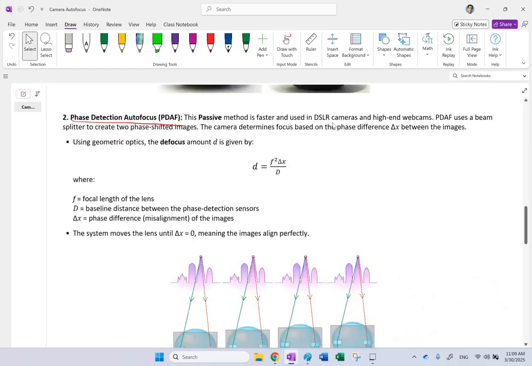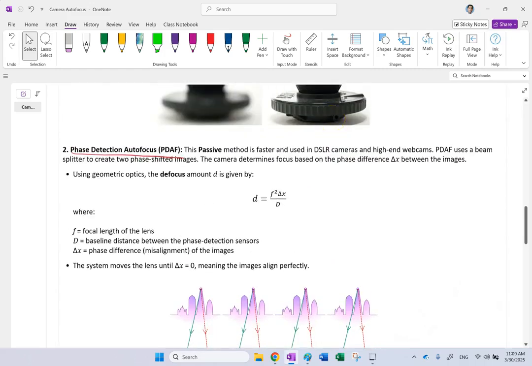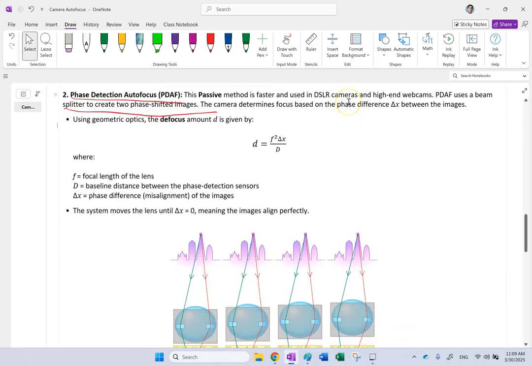The way it works is that when the beam of light comes from the object into the camera, it splits into two beams and creates two images of the object. Of course, there is a phase shift between them because their paths are a little bit different. So one reaches the sensor a little bit faster than the other, and there is a small time difference or phase difference between them.